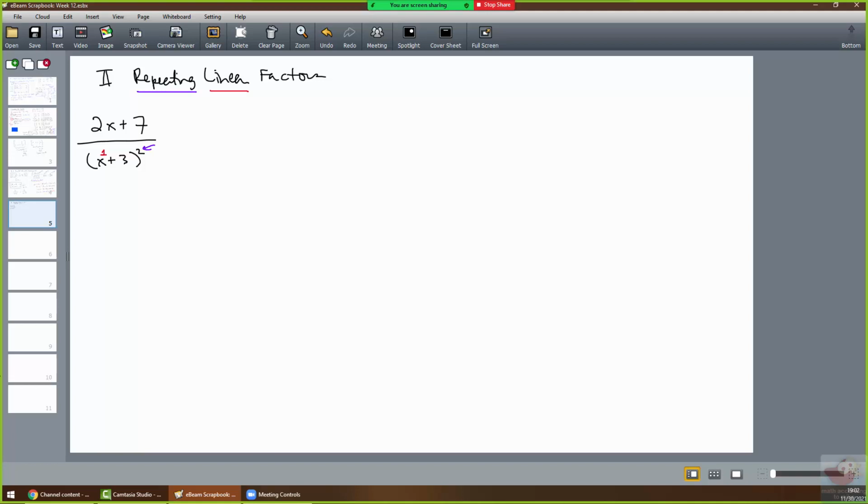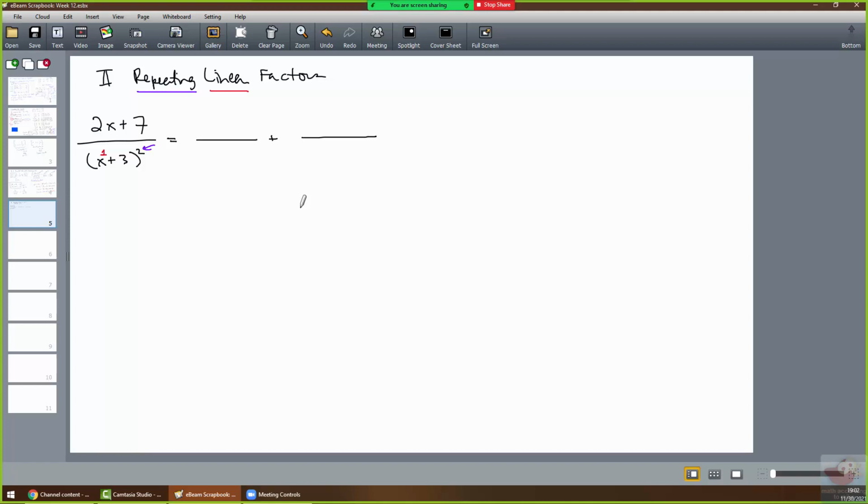The multiplicity dictates the number of fractions you have. Because our multiplicity is 2, we will need 2 fractions. The way this works is you count up to the multiplicity starting at 1.